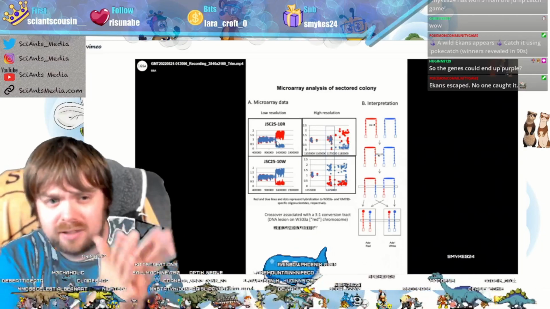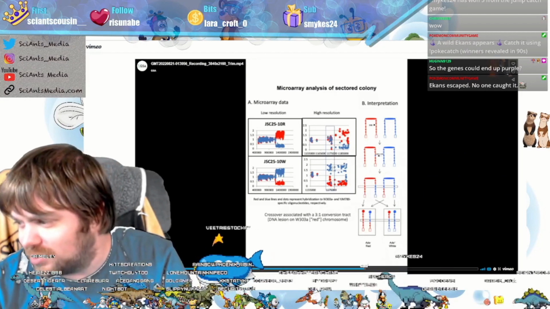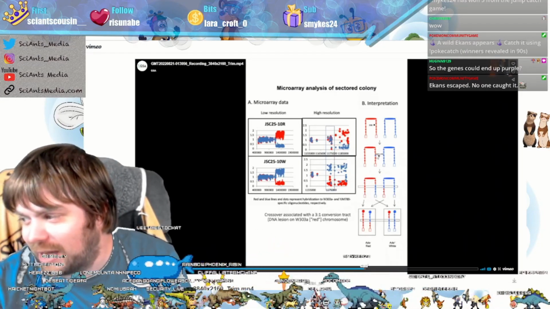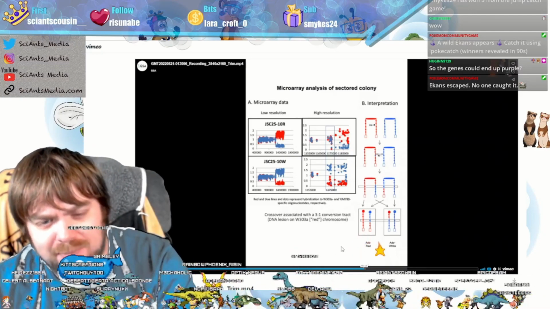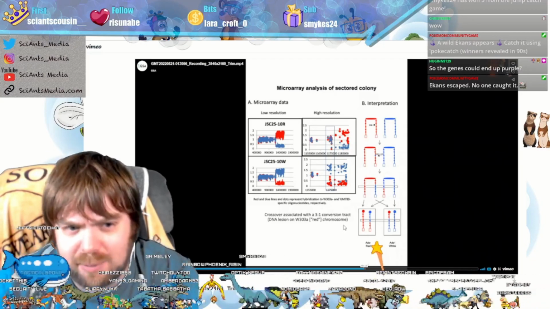Where's that break point? With the higher resolution, you can get much closer to the actual chromosomal arm position, and with that you can figure out where on the chromosome arm this crossing over event is taking place. And then you can also predict what the DNA structure is like at that particular stage.